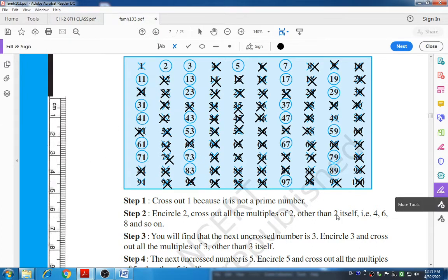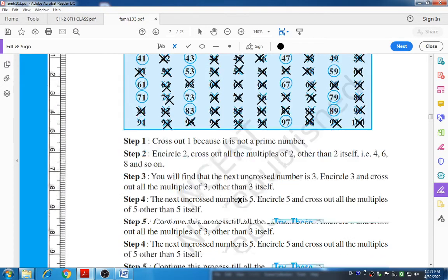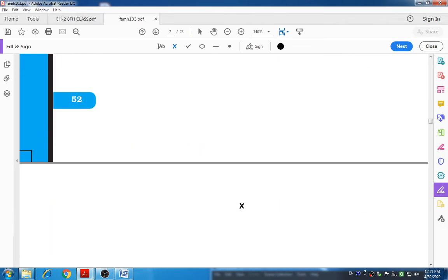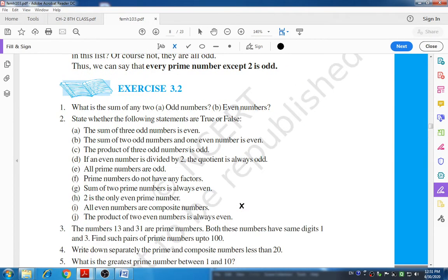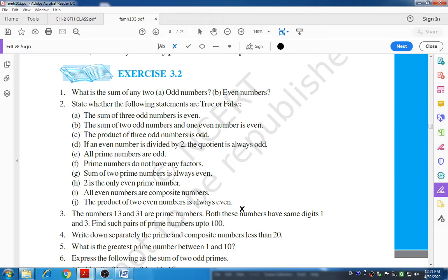Okay, in that way they can ask questions related to prime numbers. So now we are going to solve our exercise 3.3, which is related to prime numbers and even numbers.